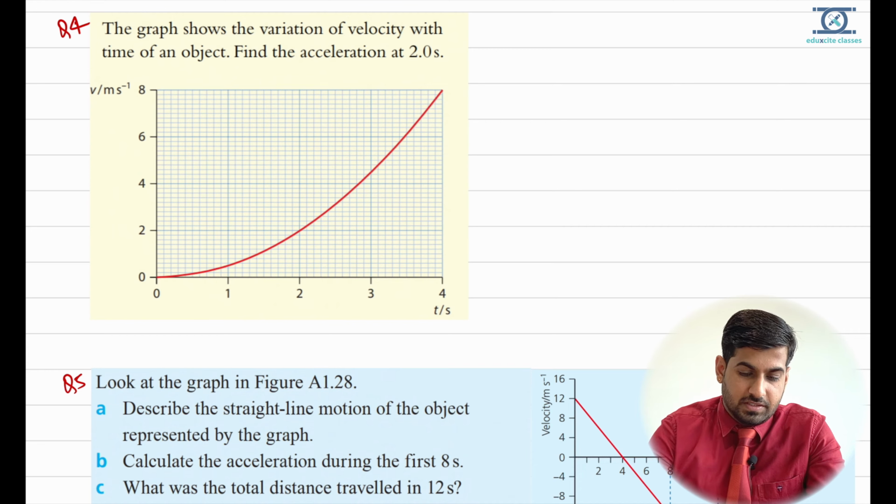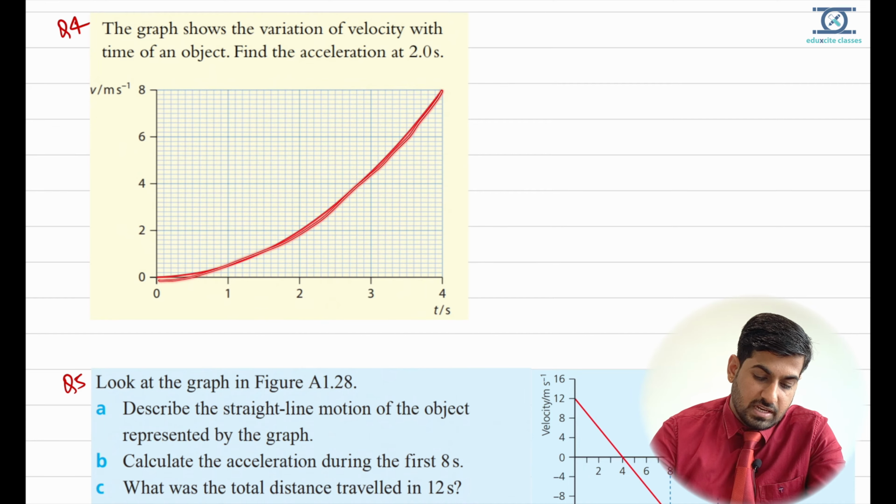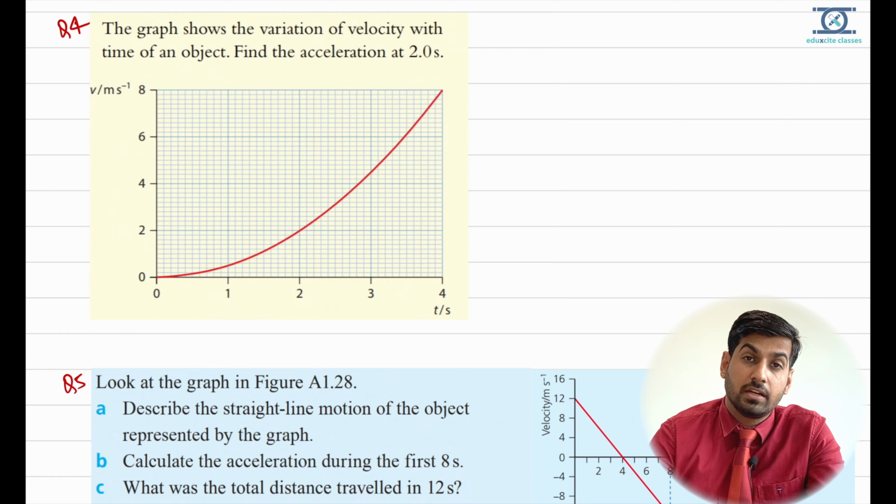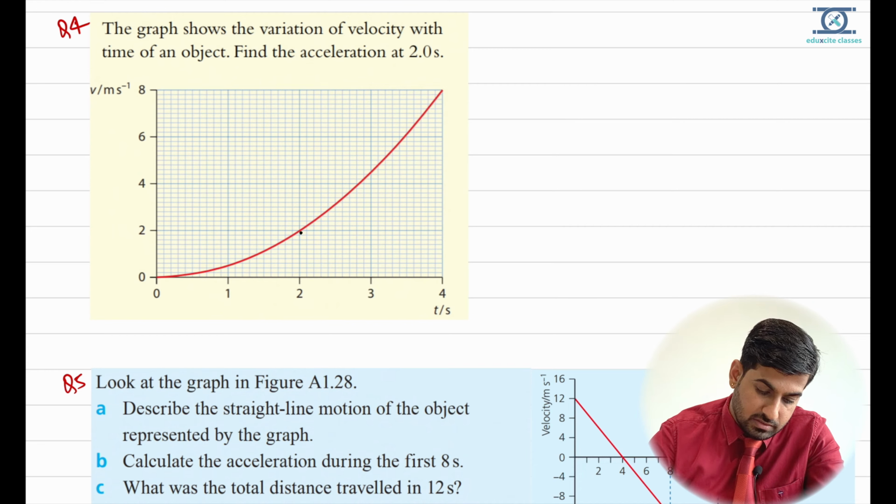Okay. Now this is quite easy. Whenever the graph is a curved part and they ask us to find out the acceleration at a particular instant of time, the best method is to just draw a tangent at this point at 2 seconds.